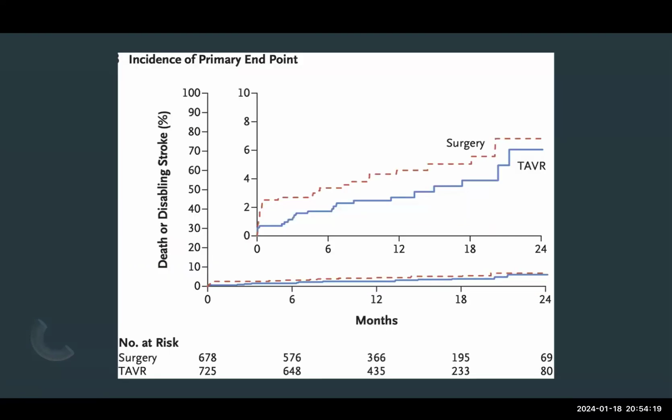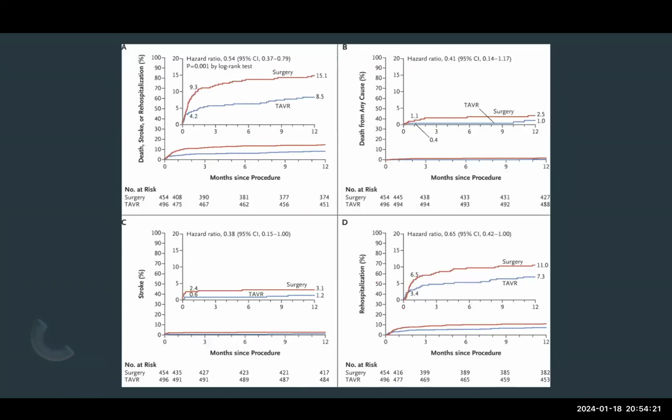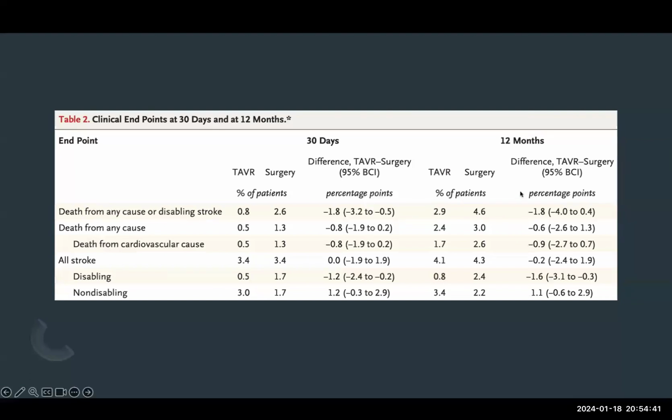When you go to PARTNER 3, death from any cause is 2.5% at 12 months in TAVR versus surgery. So focus on 2.5. Here is 2.5%, and here is 4.6%.